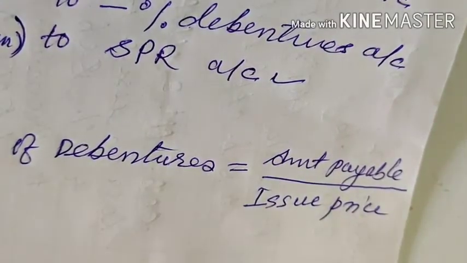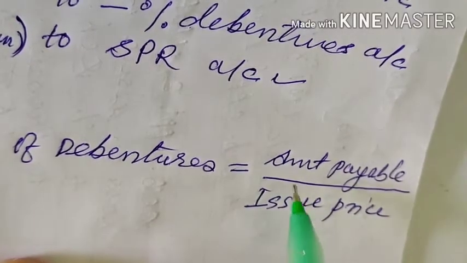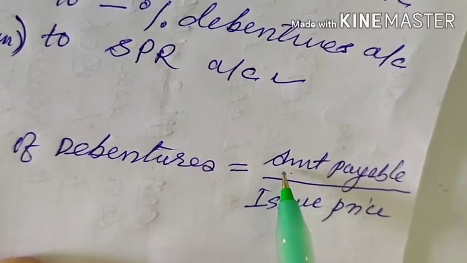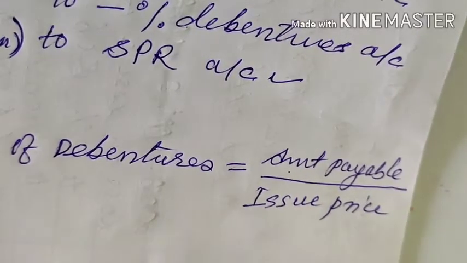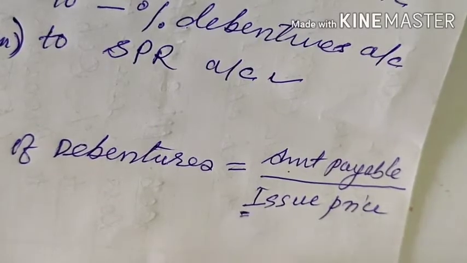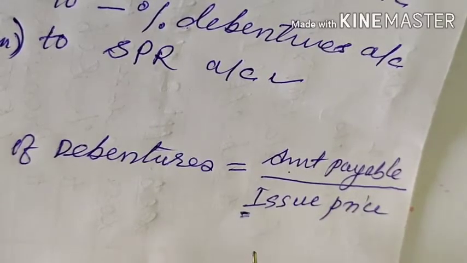This will give you the number of debentures issued either to the vendor, to the promoter, or to the underwriters. Here amount payable means the amount that you are going to pay to the vendor, and issue price, as I have already explained to you before, so you know the meaning of this.